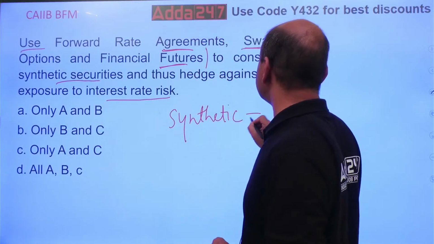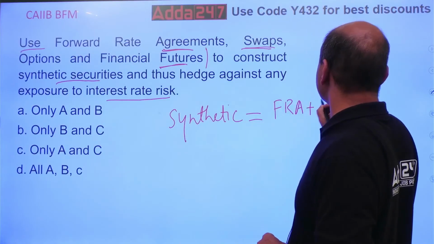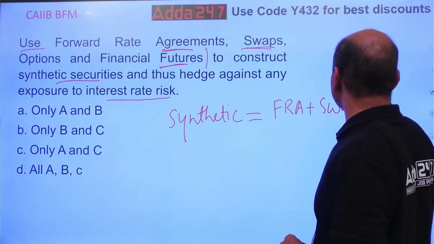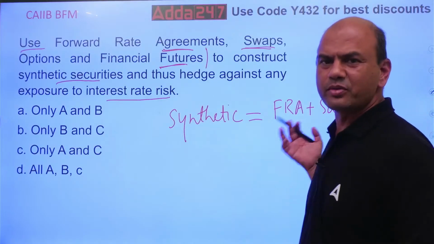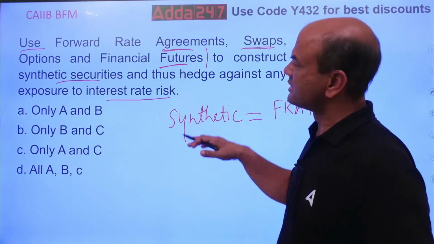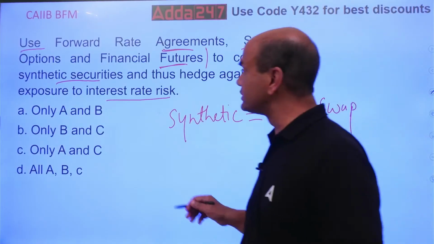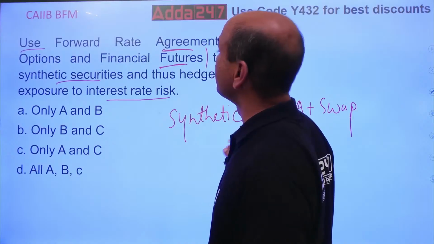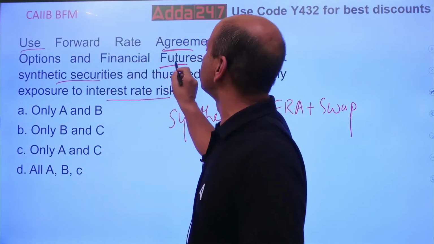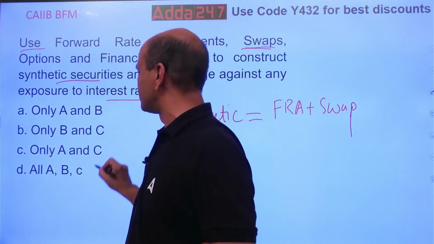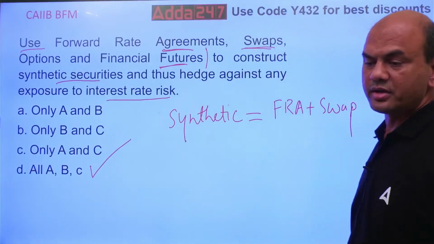A synthetic security is a combination, say FRA plus swap, or FRA plus forward, or swap plus something else out of these 4 options. So you can use all of them. Options and financial futures are combined over here. So the answer is all of A, B and C. Got it?